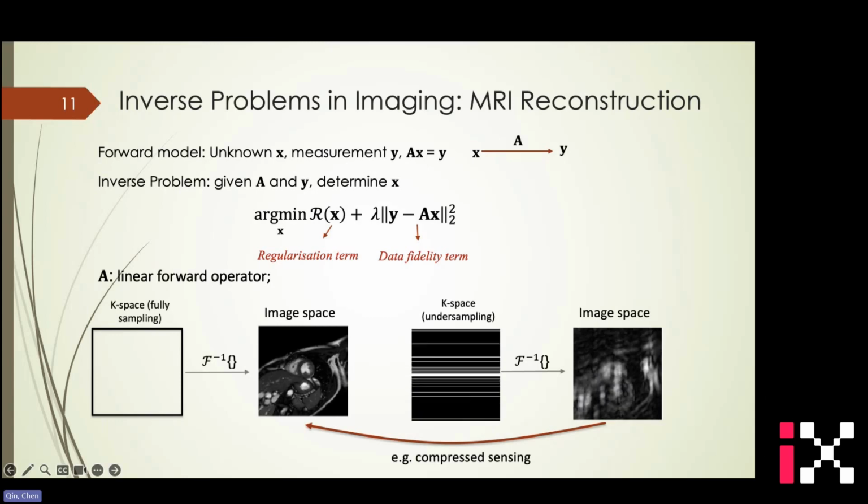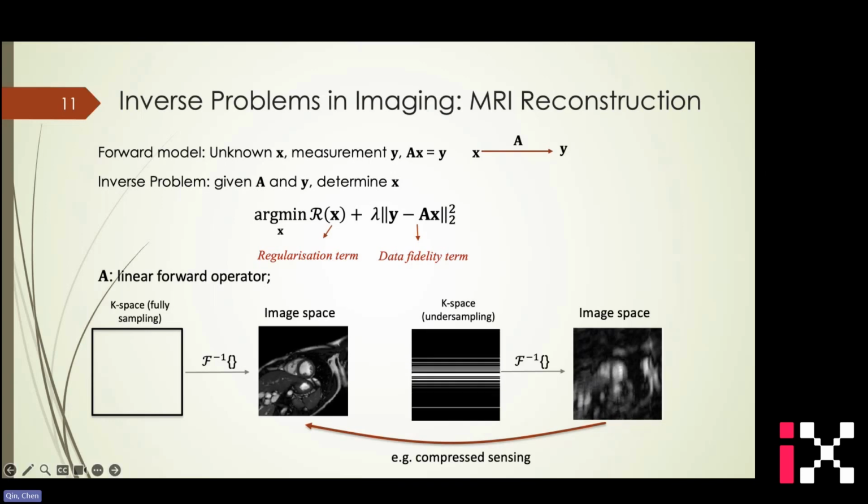In our problem, the objective can be formulated as one that consists of a data fidelity term, which makes sure that the reconstructed image x, after the Fourier transform and undersampling operation, is consistent with the raw data we have acquired.